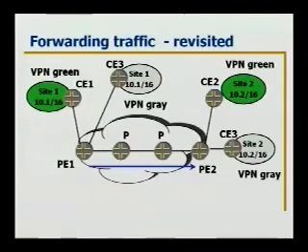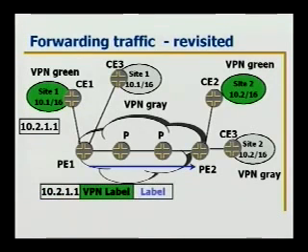So let's take a look at the same example using VPN labels. So customer Green is sending traffic to 10.2.1.1. P1 already knows to look in the forwarding table, and it knows it needs to send the traffic to P2. But it also knows that it needs to attach a VPN Green label to this traffic. So now the traffic is going to travel along in the network with a two-label stack.